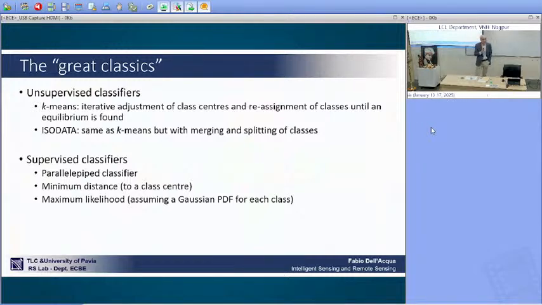K-means is a great classic. K-means is a way to group vectors by similarity. In your case, these vectors are spectral vectors, the numbers that you find when you pull a drawer out of the filing cabinet.